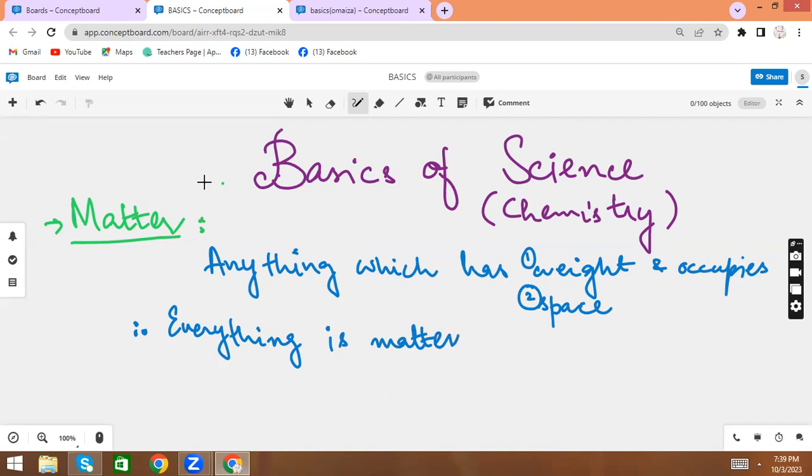And science is the study of everything. Just because everything is matter and we are studying everything in science. So science is the study of matter, and we are studying each and everything in science. So science is the study of the whole universe.